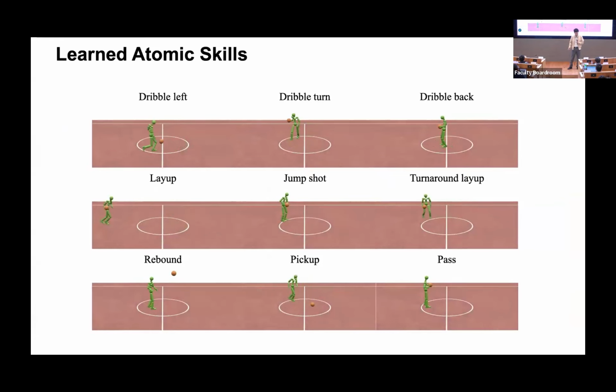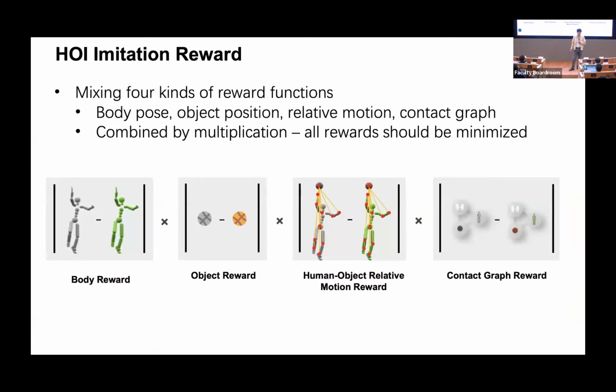So in practice, we find that it really helps a lot in learning all those atomic skills. I see, it's kind of like a task decomposition. We don't have any theory for that. It's pretty much empirical. We just find that with this contact graph, it helps a lot.